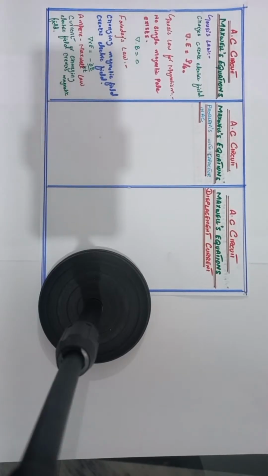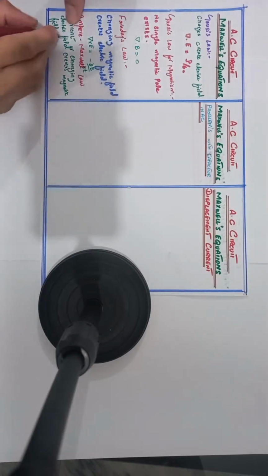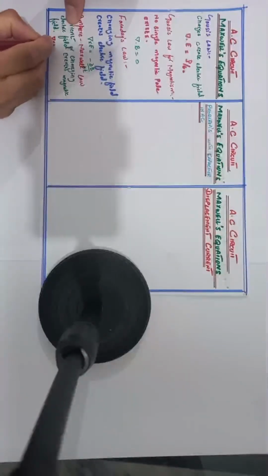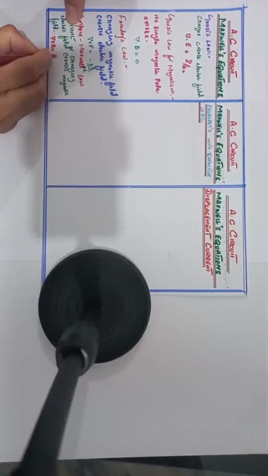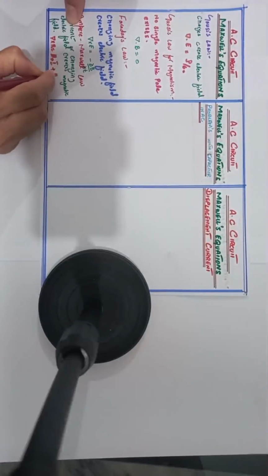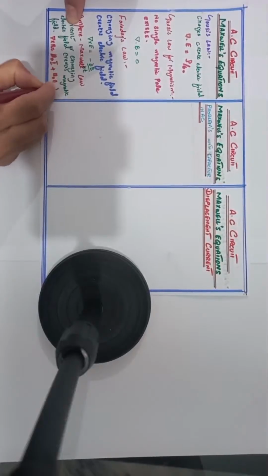Now we write about its equation. What is the equation of the Ampere-Maxwell law? It is del cross B is equal to mu naught I plus mu naught epsilon naught partial E over partial t.